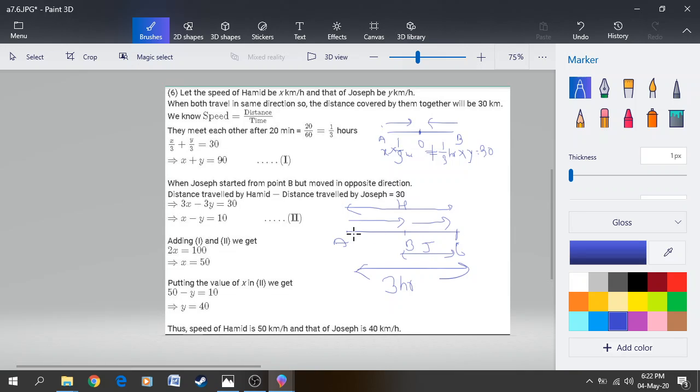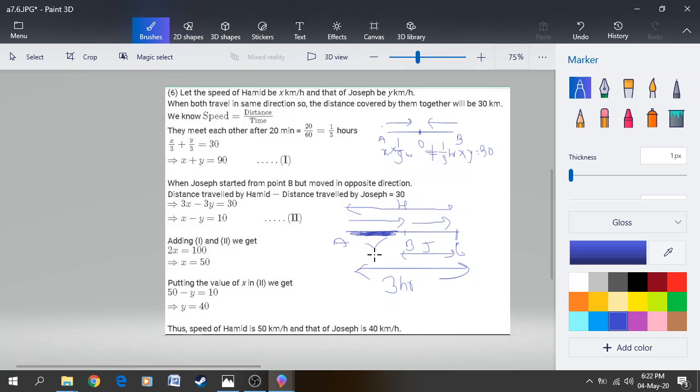Means AC is the distance by Hamid, and BC is the distance by Joseph, right? If we subtract them, what we got is AB, which is a 30-kilometer road, right?